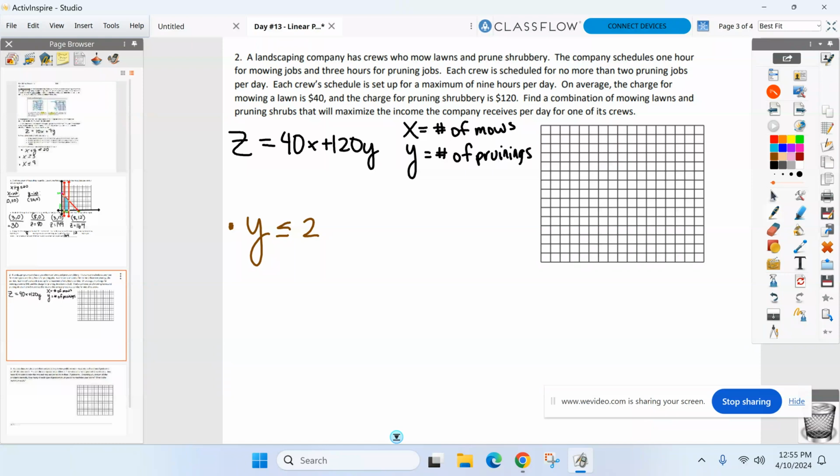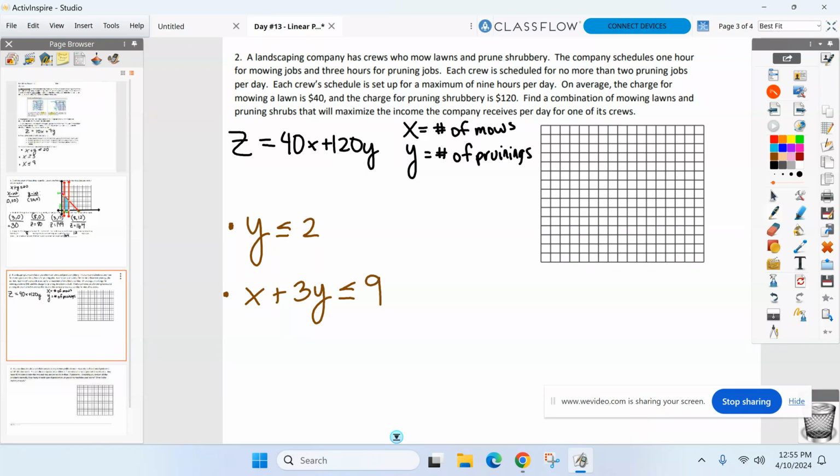So I'm just going to keep that as x. Plus, I don't want to put y because it doesn't take an hour to prune a shrub. It's going to be x plus 3y, number of hours: 1 hour for a mow plus 3 hours for a prune. Maximum of 9. Still need an inequality: less than or equal to 9.